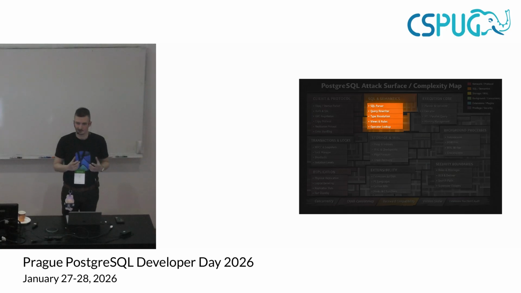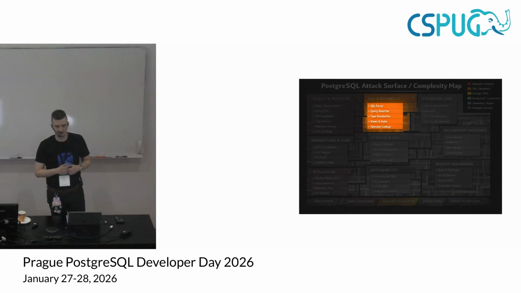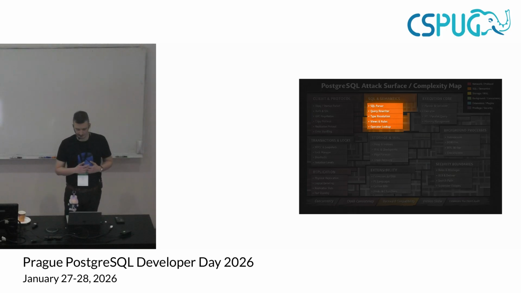The reason for that is there's a lot of mature tooling that generates properly, validly formed SQL statements, and it's very easy to write tests. You just connect to a running PostgreSQL instance and throw SQL statements at it and see if it works or crashes or does whatever you expect.